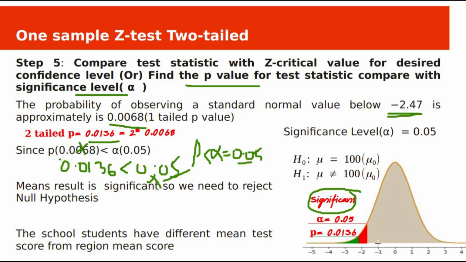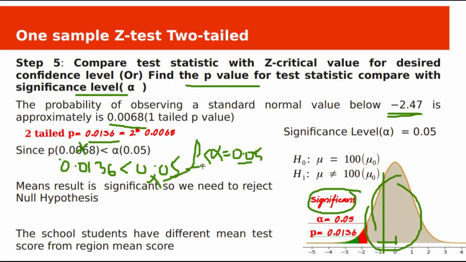If z statistic is far away from the mean, then the p-value for that z statistic will be less. Smaller p-values will lead to rejection of the null hypothesis. Bigger p-values mean the z statistic value is very close to the mean value, so the probability value may come up to here, which will be in the confidence interval range of this null hypothesis.